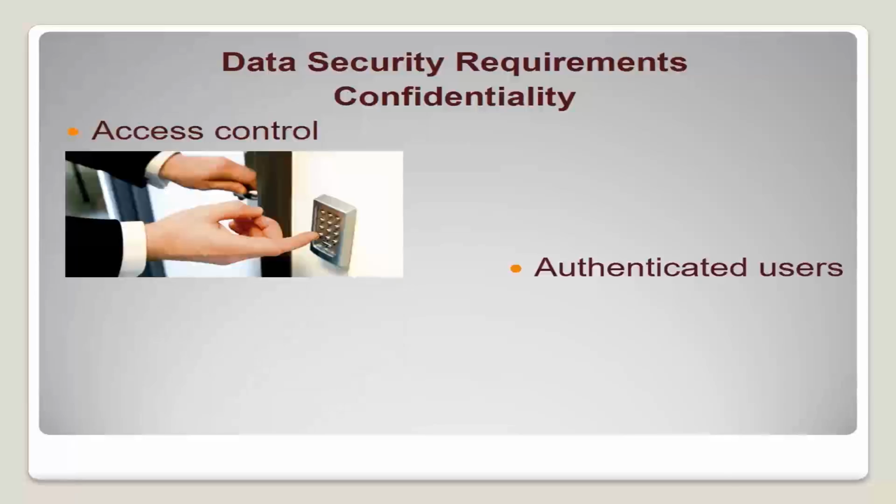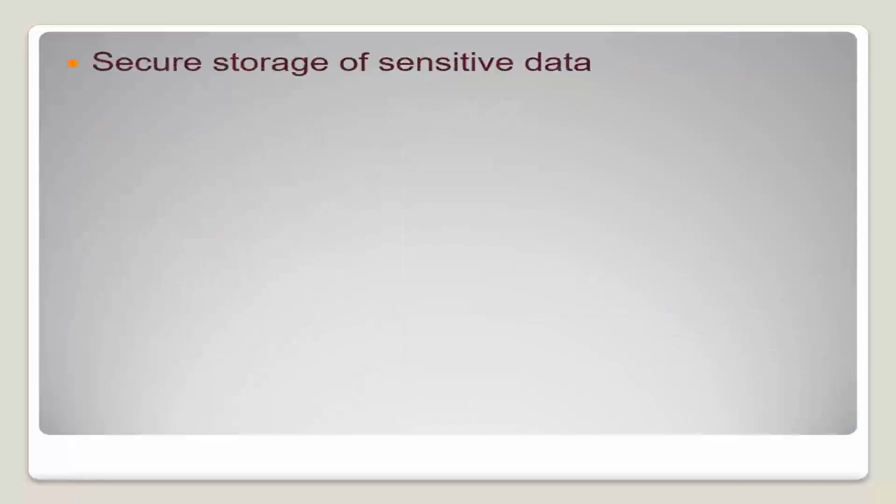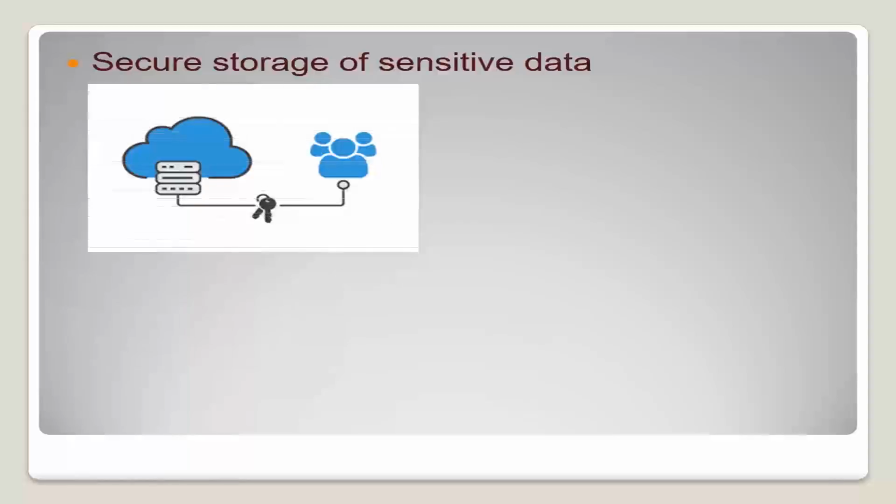Authentication is a way of implementing decisions of whom to trust. It can be employee passwords, fingerprints, etc. Third point is secure storage of sensitive data. It is required to prevent data from hackers who could damage the sensitive data.